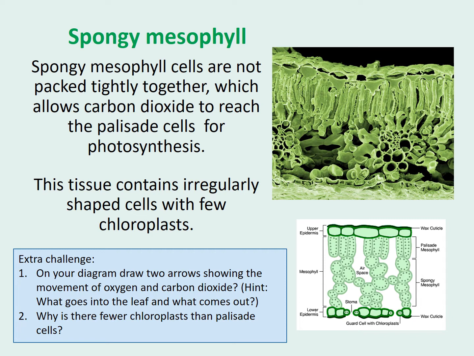Question 2, why are there fewer chloroplasts than in Palisade cells? Well, that's because they're going to have less light. Because most of the light will have been absorbed in the Palisade layer, the spongy mesophyll layer won't need as many chloroplasts.